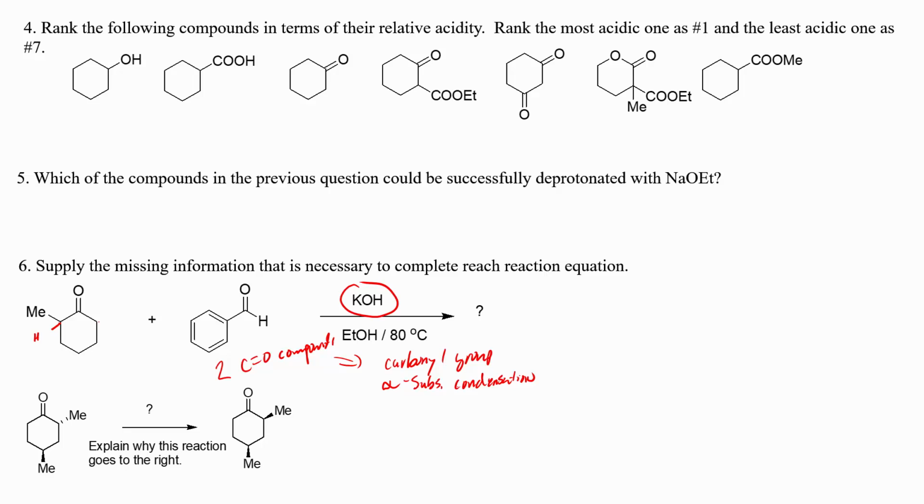Ketone has 1 there, 2 there. This other partner has no alpha hydrogens. It involves 2 carbonyl groups at the ketone or aldehyde functional group stage. Okay, what does this mean? It means that this is an aldol condensation.